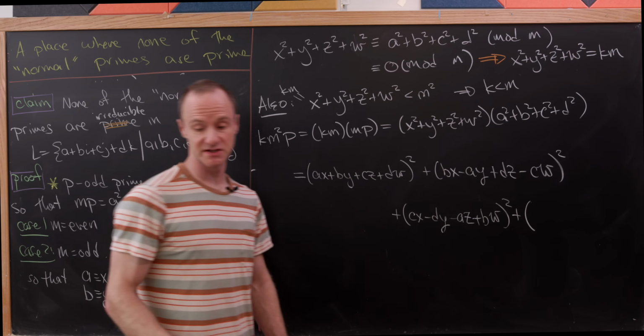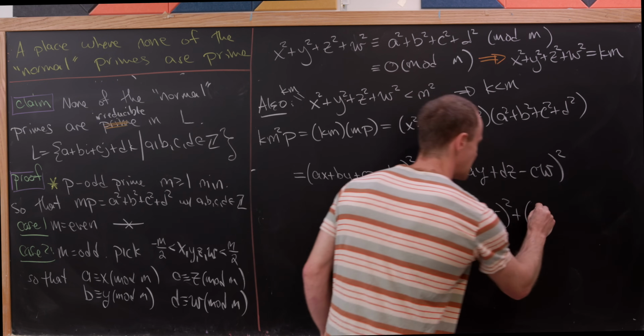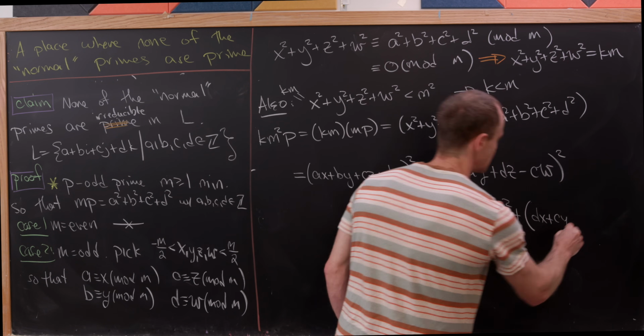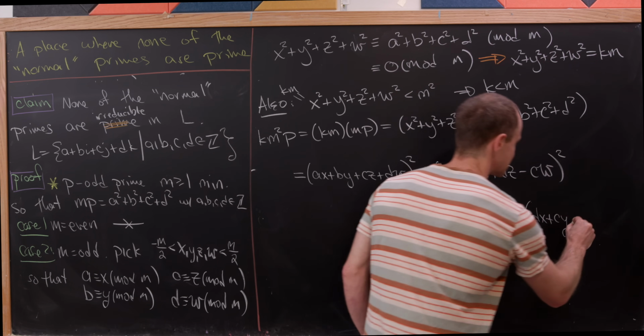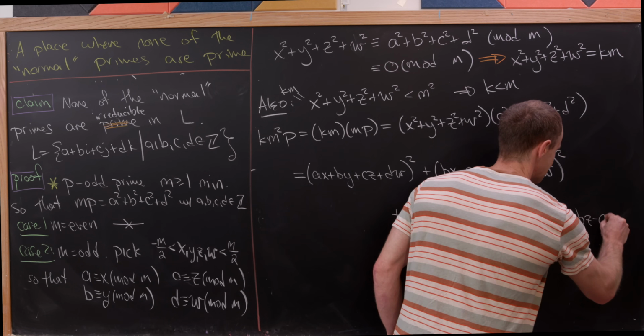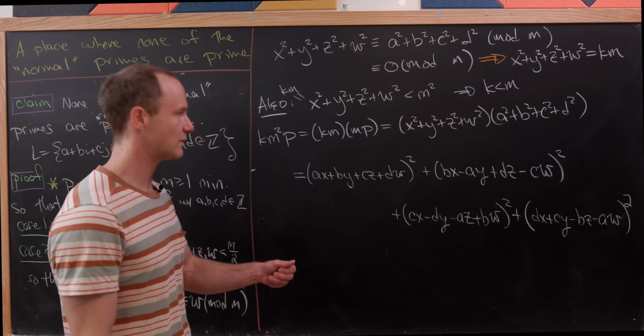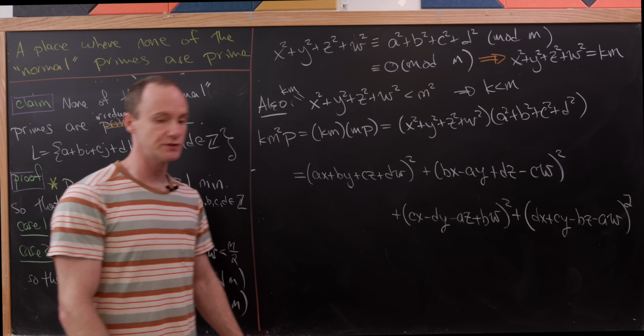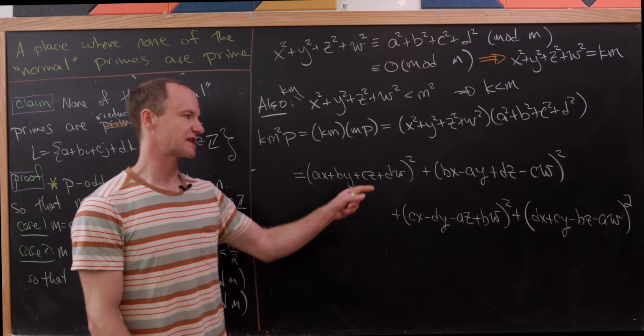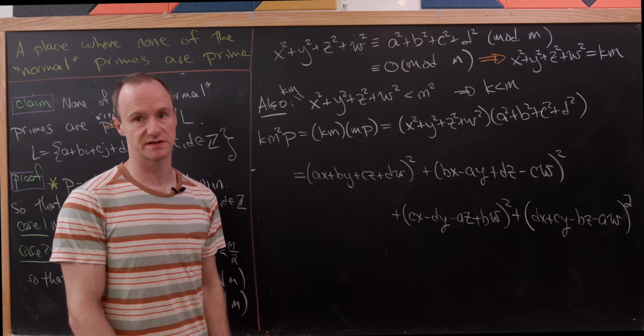And then our last term looks like this: dx plus cy, and then minus bz, and then minus aw squared. So anyway, if you take a product of two sums of four squares, you can express it as a sum of four squares this way.